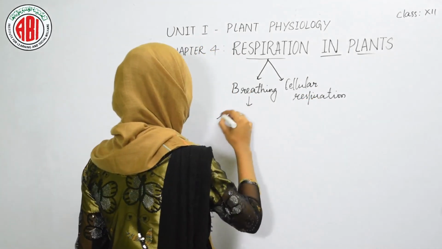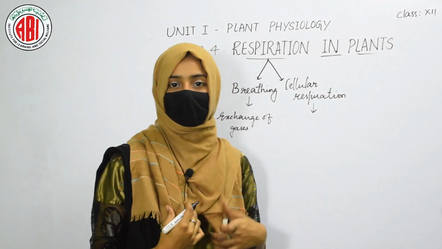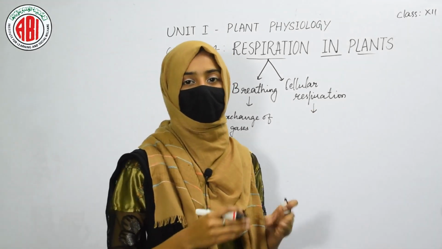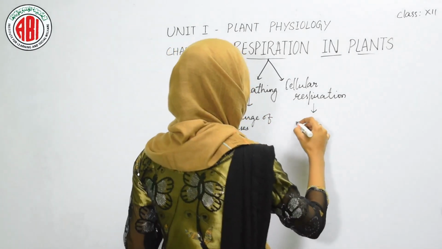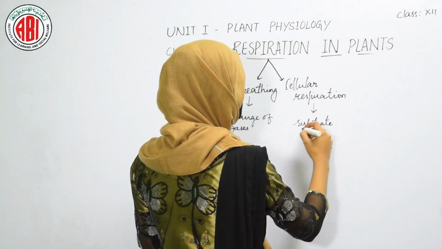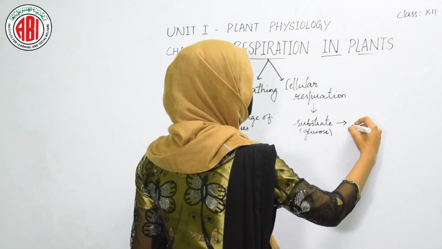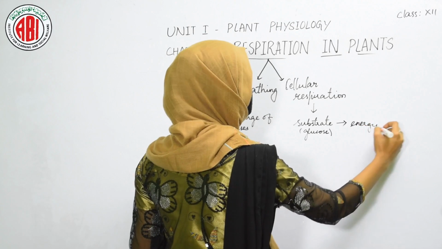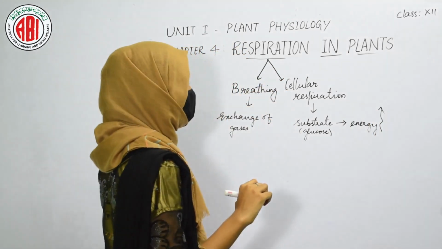Breathing is nothing but exchange of gases, and cellular respiration is a process where glucose breaks down in the cells and releases energy. So the substrate, which is nothing but glucose, breaks down and releases energy into the cells, and this process is called cellular respiration.